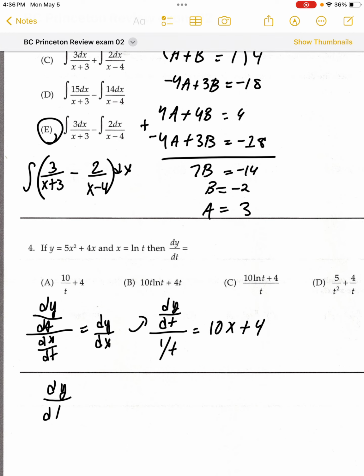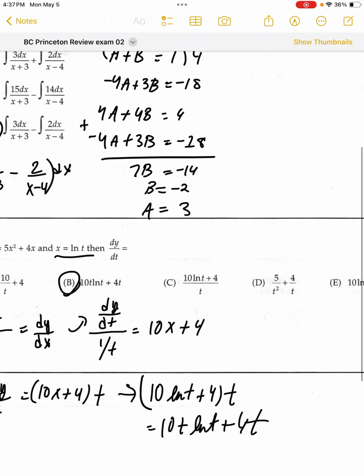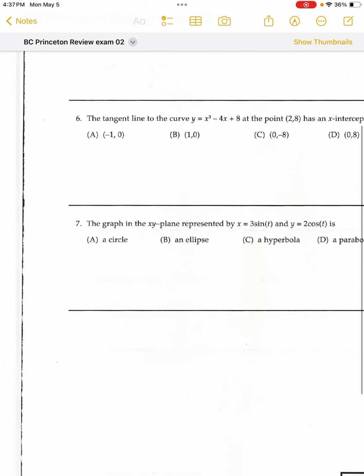So dy over dt is equal to 10x plus 4 times t, but we know what x is. We know x is ln t, so that's just equal to 10 ln t plus 4 times t, which is 10 t ln t plus 4t. That's b. Okay, and we move on.